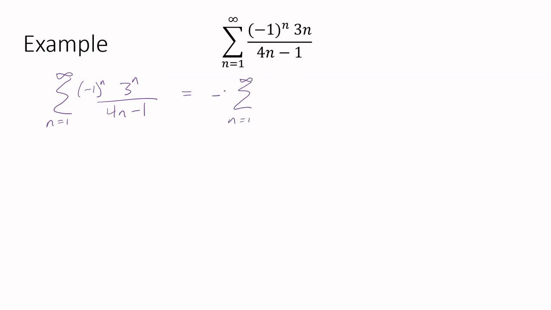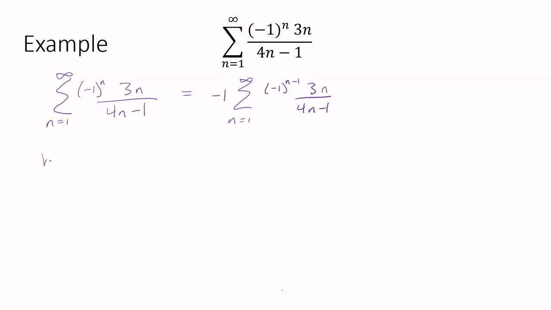We could rewrite this, take a negative out, then I am actually in the correct form. All I had to do is take one negative 1 out. So we're not going to really worry about that. If you see negative 1 to the n or negative 1 to the n minus 1, both are perfectly fine to use alternating series for.